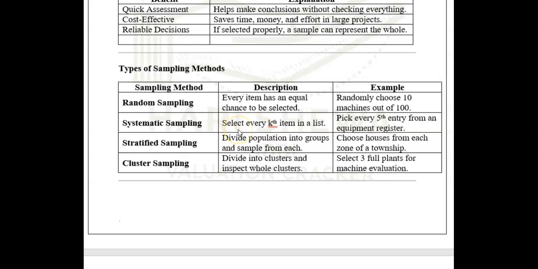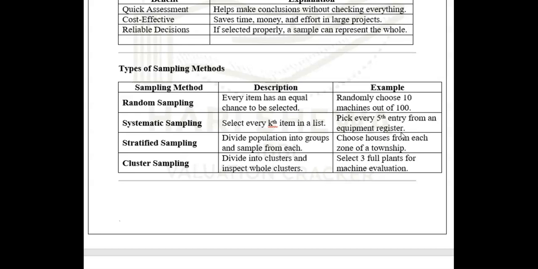Systematic sampling. In systematic sampling, say 100 machines are there. You select every kth item in the list. You decide that from 100 machines you want to select 20 samples. Pick every fifth entry from an equipment register.